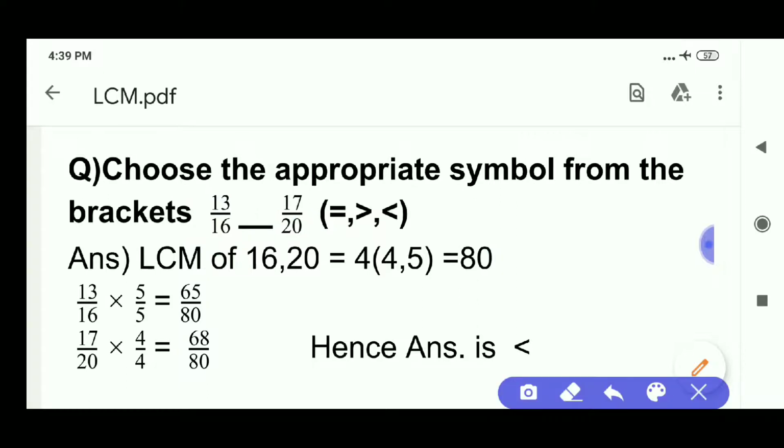For it, multiply both numerator and denominator with 5. It becomes 65 by 80. Similarly, multiply both numerator and denominator of the other with 4. It becomes 68 by 80. Observe carefully. The first one is 65 by 80. Second one is 68 by 80. So here we get less than.